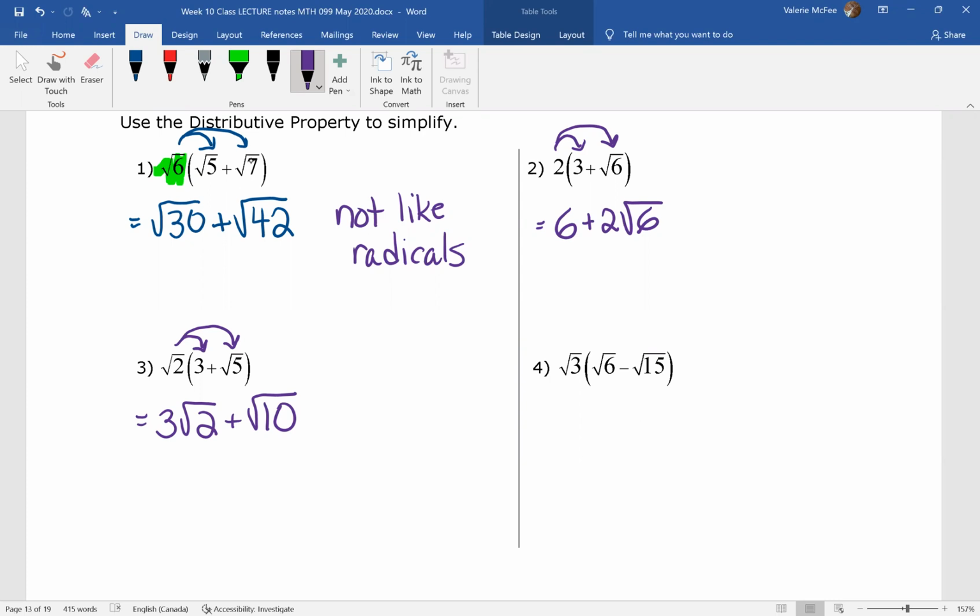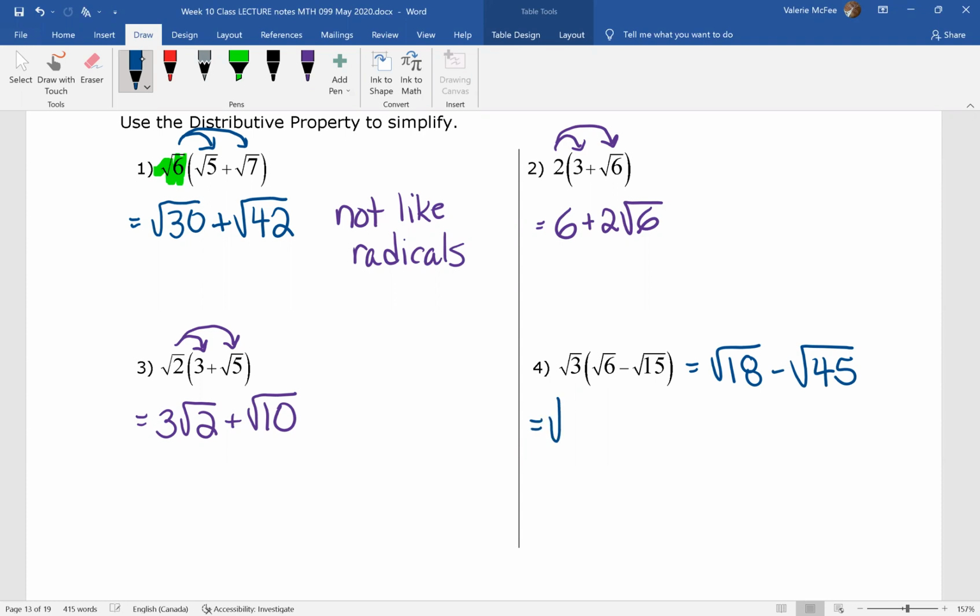I want to talk about question 4 with you. Can you see that those radicals would have to be simplified? There's a 3 common in 3 and 6. There's a 3 common in 3 and 15. I could multiply these and get root 18 minus the root of 45 and then prime factor. But I'm going to suggest we should just prime factor.